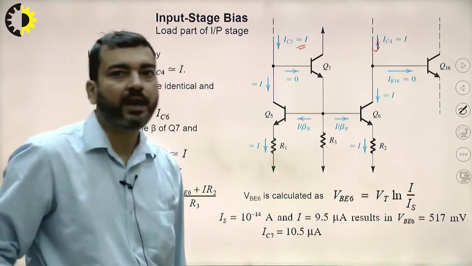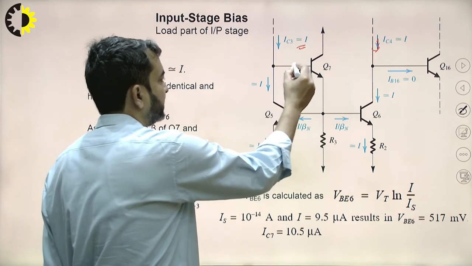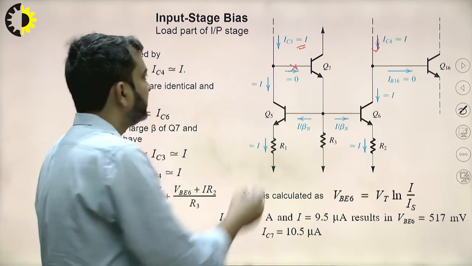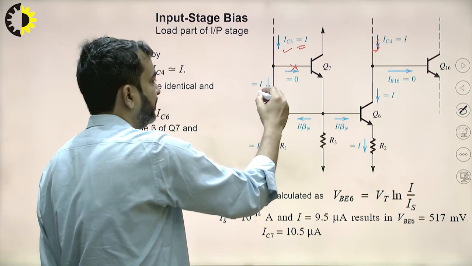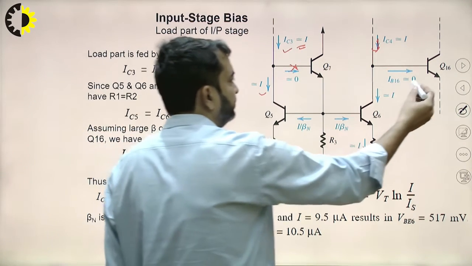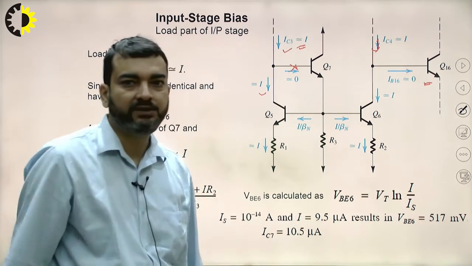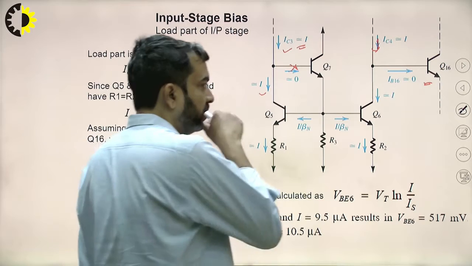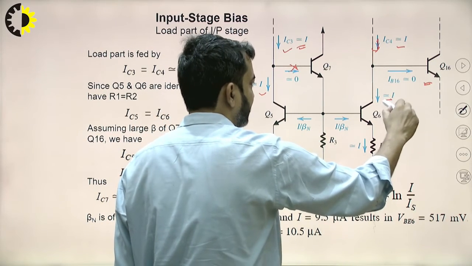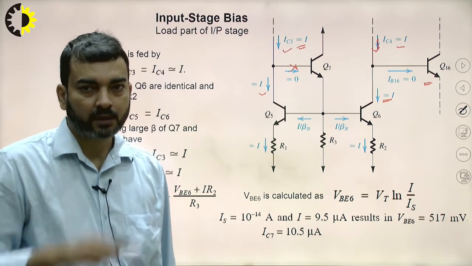Again, assuming high beta for transistor Q7, there will be no base current in this branch. So we will say the complete current I will be available at this point. And again, assuming high beta for transistor Q16, which is part of the gain stage, the same current I will be available as the collector current of transistor Q6.